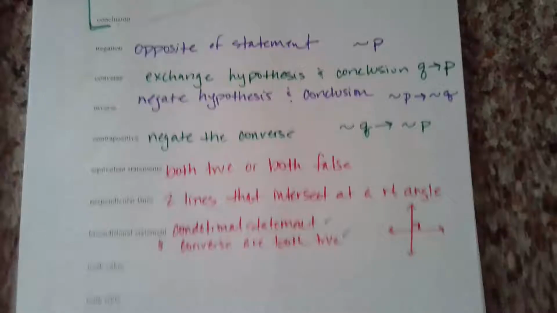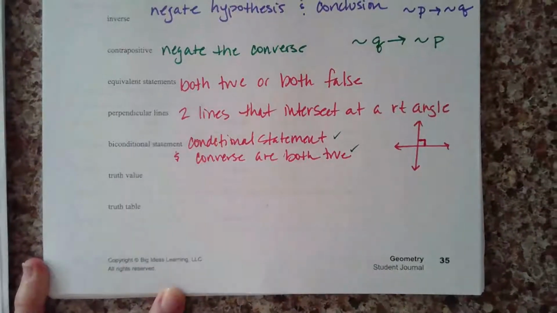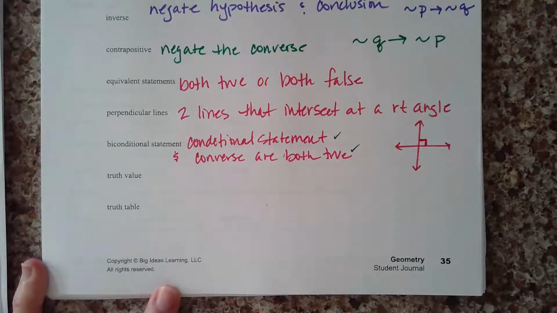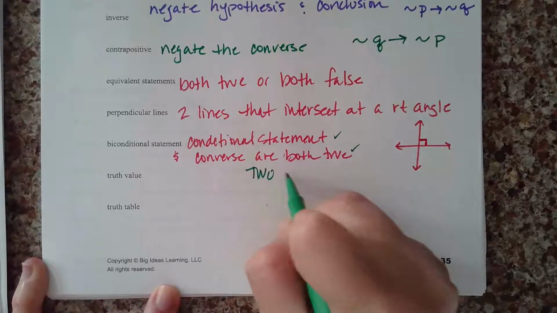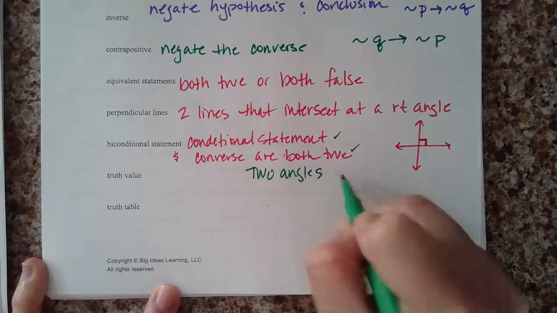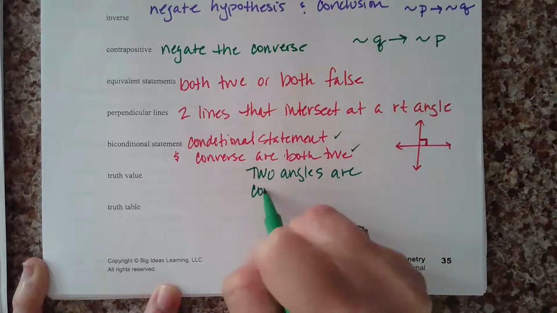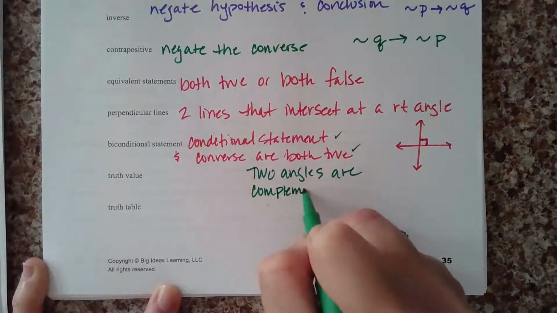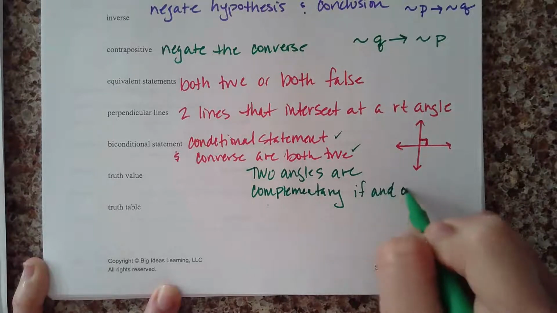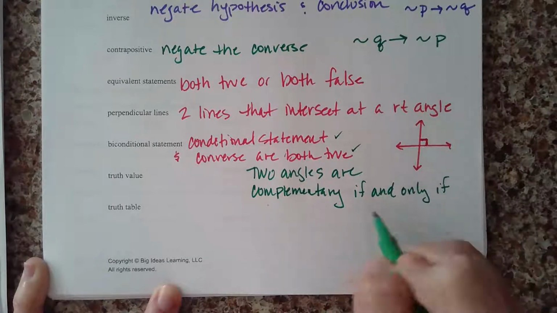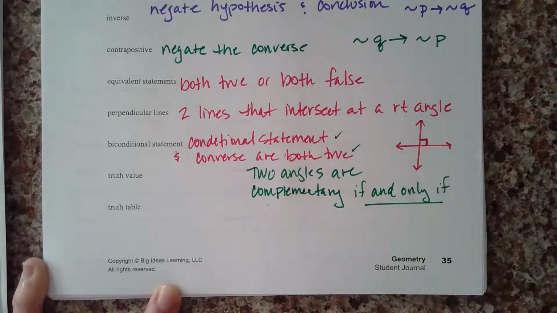And when that happens, we can rewrite it in what we call an if and only if statement. So we might say, two angles are complementary if and only if they add to 90 degrees. That's the main part in a biconditional: if and only if.